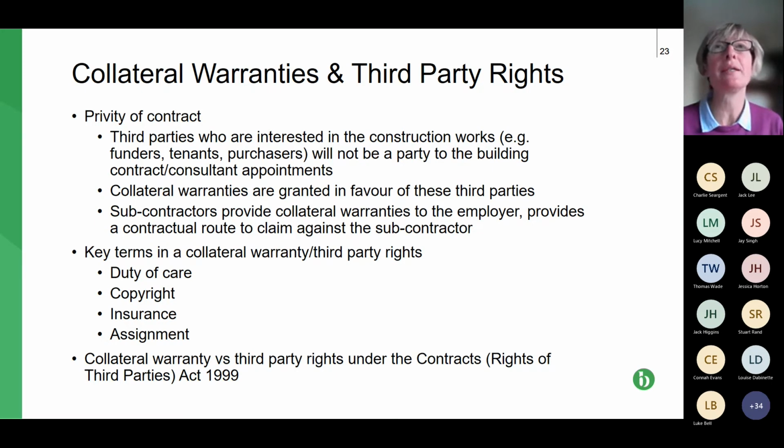So a lot easier than all the collateral warranties that we have to deal with. But I think the funders in particular are reluctant to go down that route. So we still, even now, see collateral warranties, which are time consuming and quite administratively onerous.